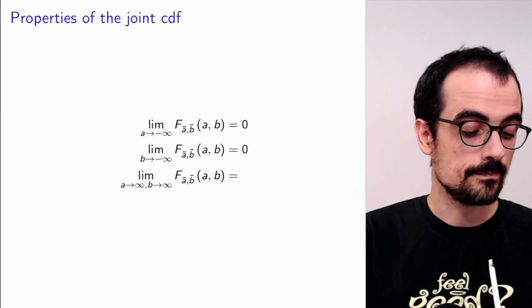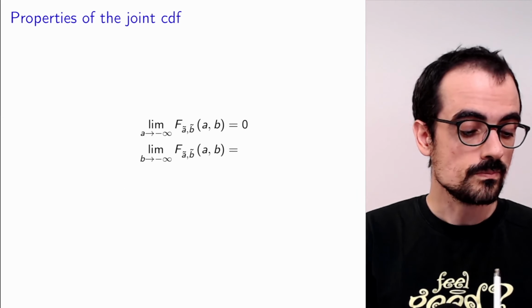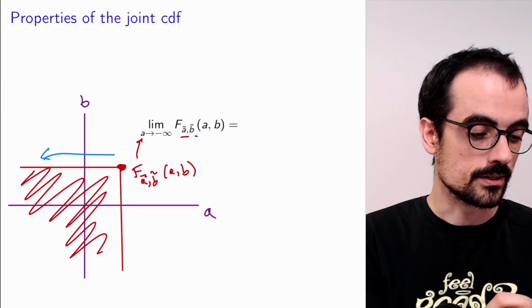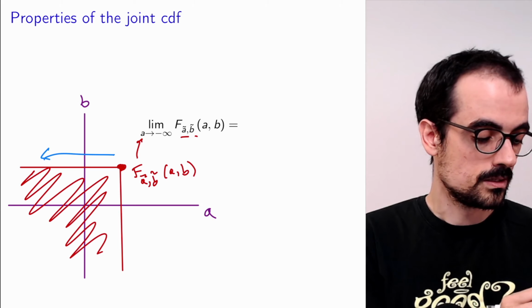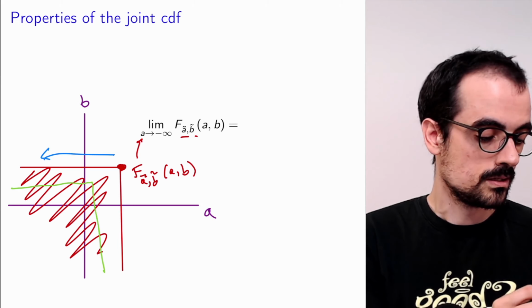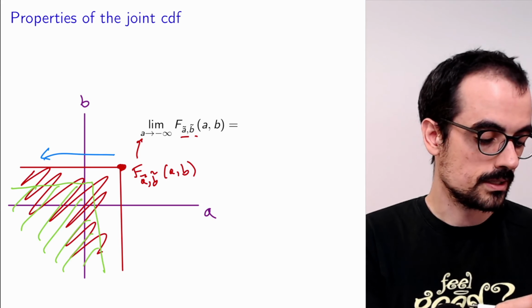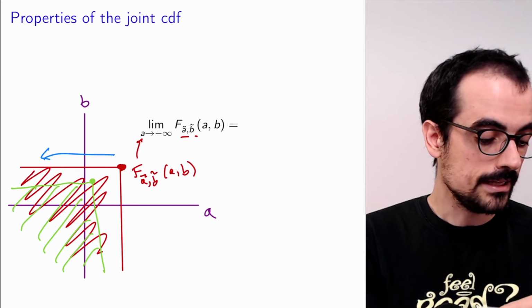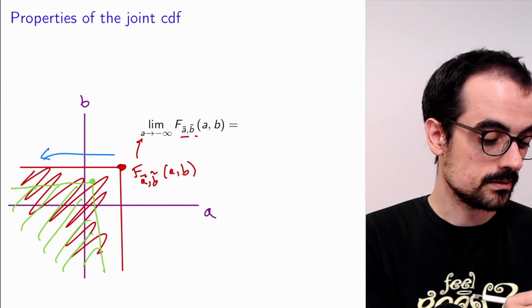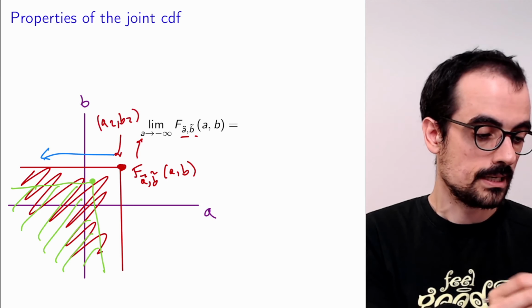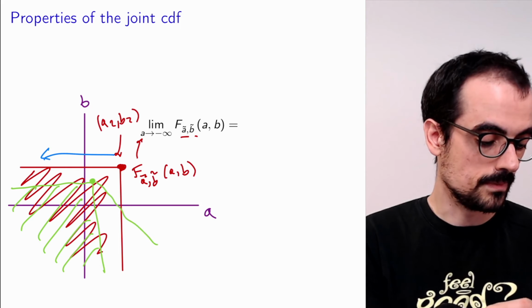So basically, we're asking about the probability of being in this region. Here, this would be A2, B2, and that would be A1, B1.